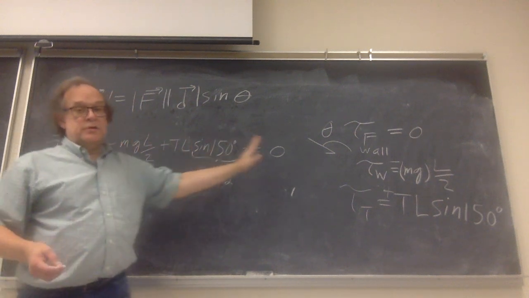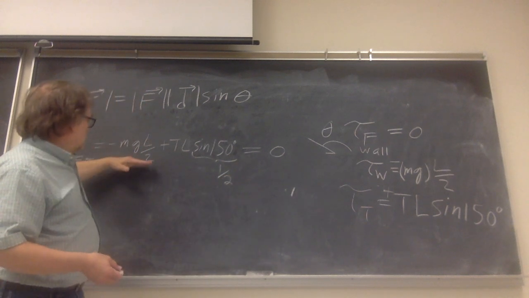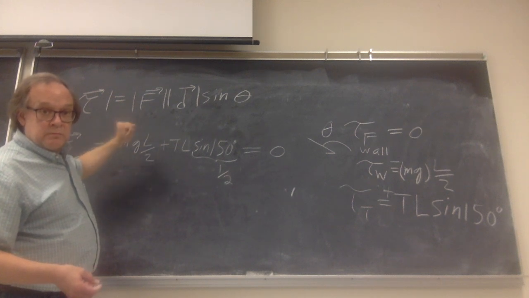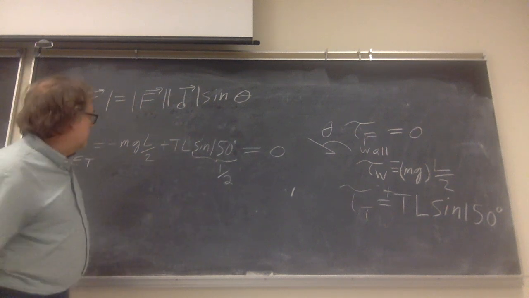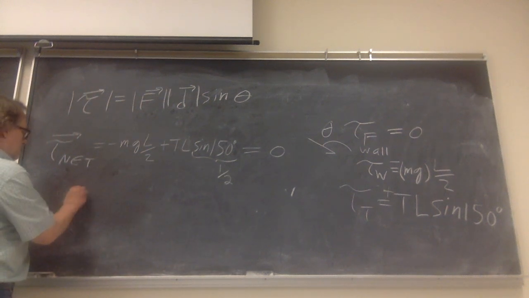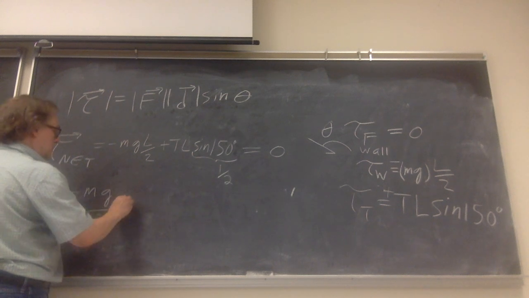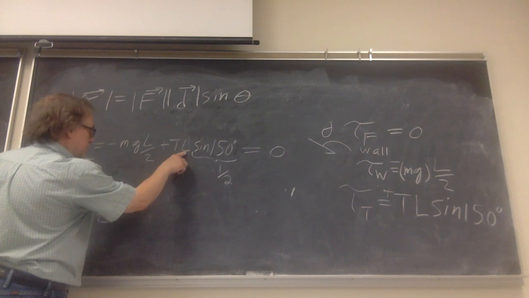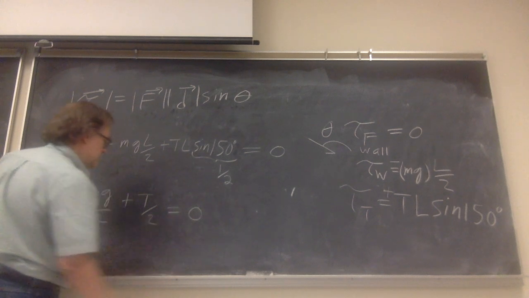So if we were to divide the whole equation by L, the L up here would be canceled out, and this L would also be canceled out, and then you're left with minus mg over 2 plus T, canceled out the L, so then you just got 2 equals 0.